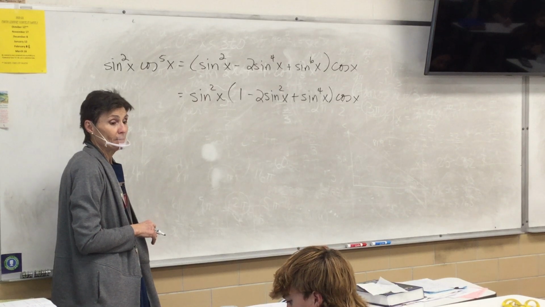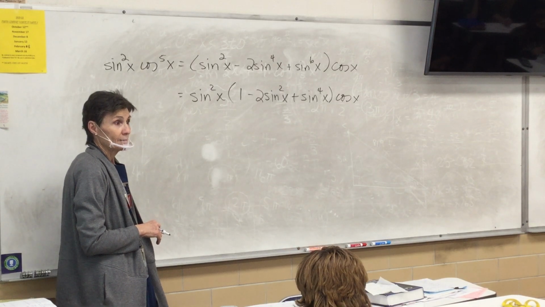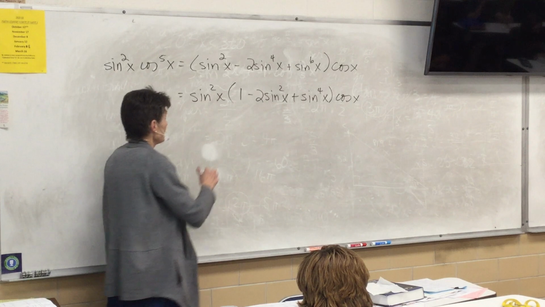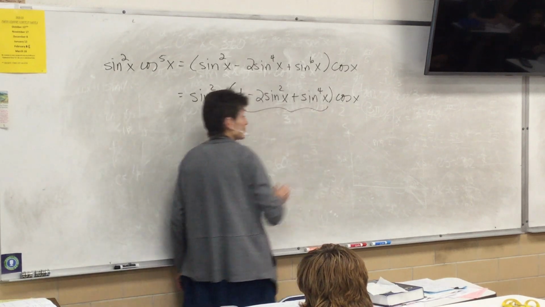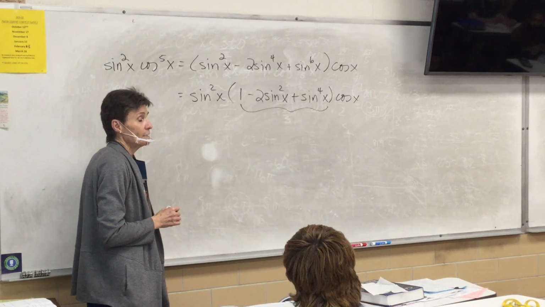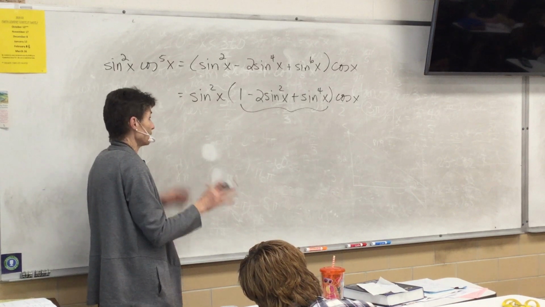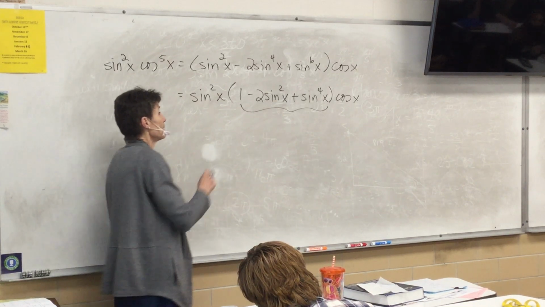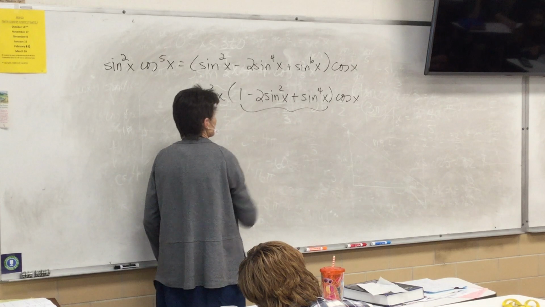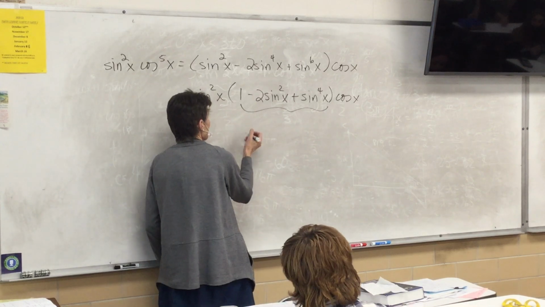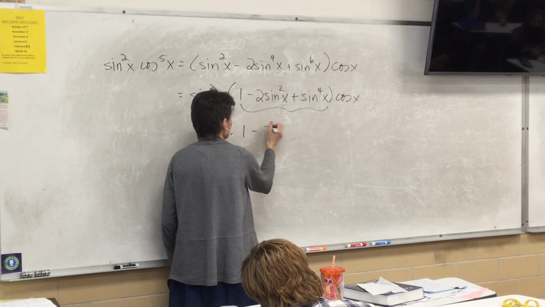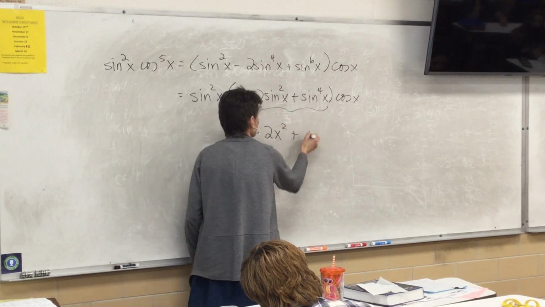What do you see now? Seth? This right here, you guys, factors. Now, I know it's a little confusing with sines in there, but if you look at that, that is the same as 1 minus 2x squared plus x to the 4th.